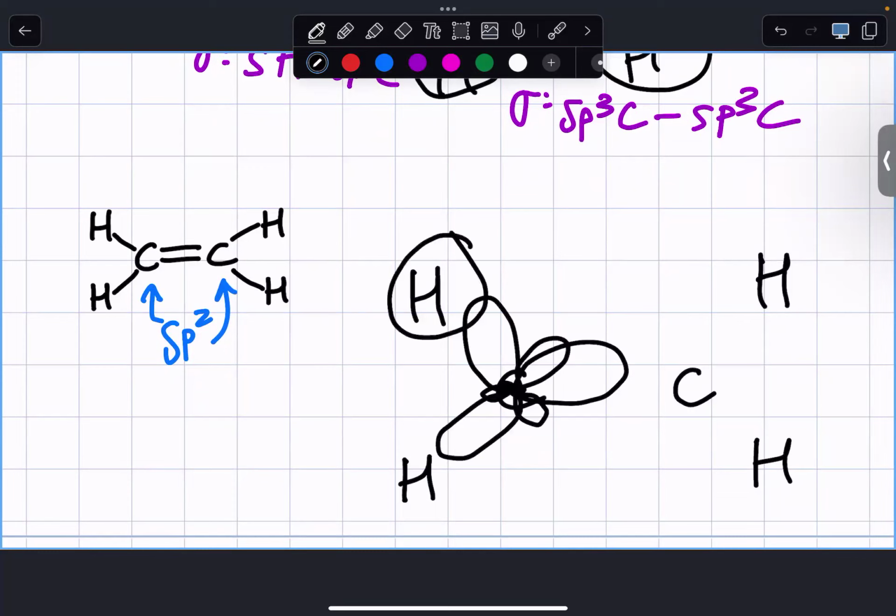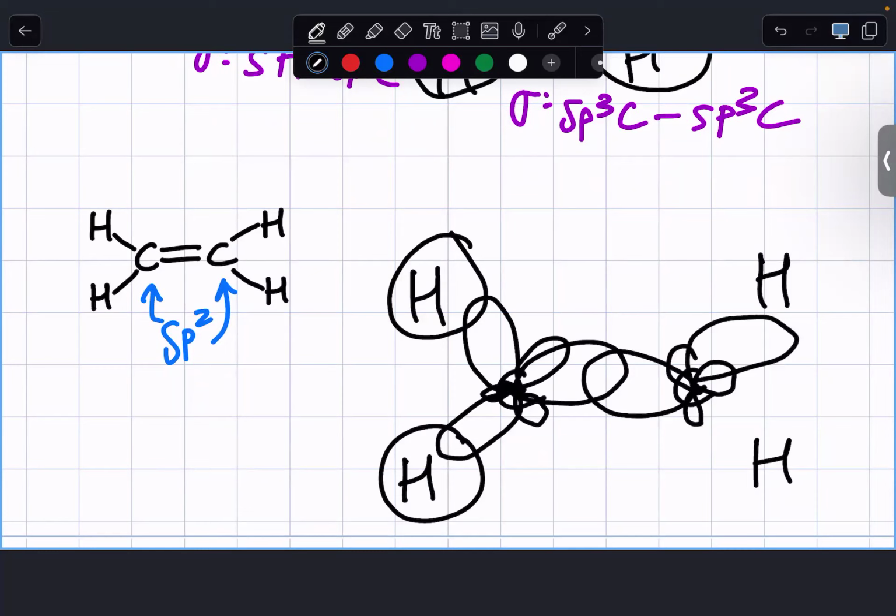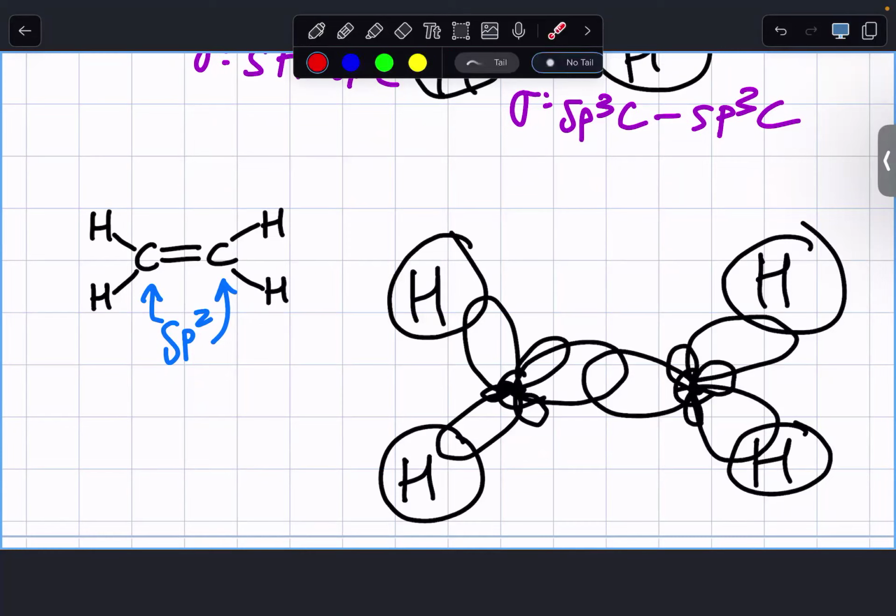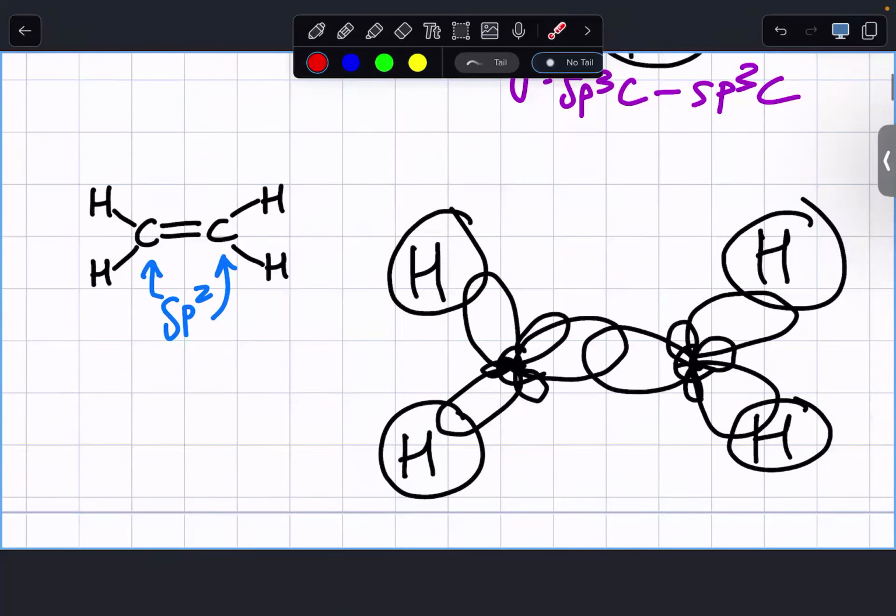The hydrogens are still s spheres. And let's do the other one now. That's 1, 2, and 3. Okay. Hydrogens are still spheres. But now we see that since this is an sp2 carbon, we also have an unhybridized p orbital, where that unhybridized p orbital is going to look like this.